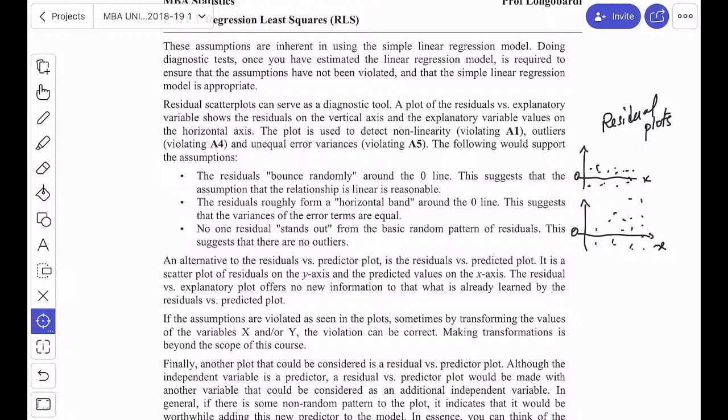Okay, these would be examples of violating assumptions. This one would be that there's a correlation between your error and some other variable, and the variable x, which means that x is correlated with some variable that you missed that should be in your model, and this shows that your variance terms aren't equal.